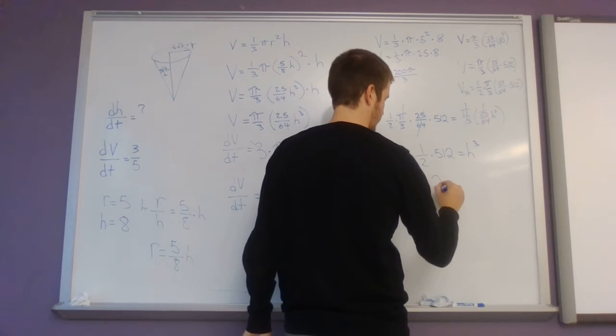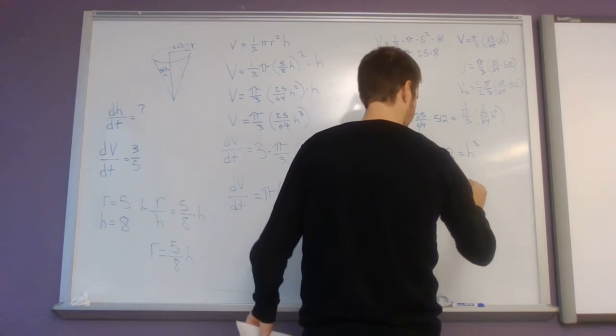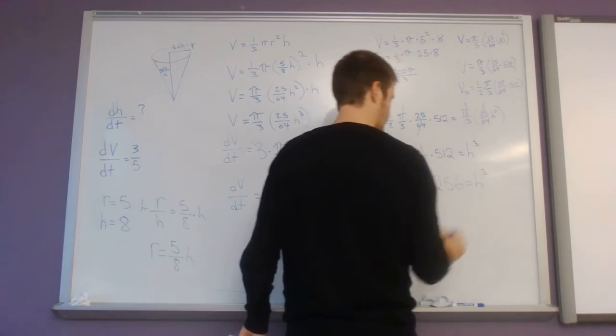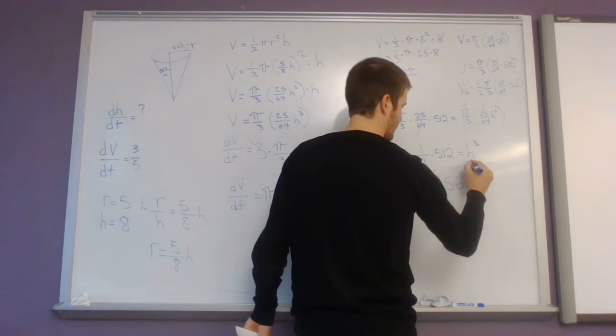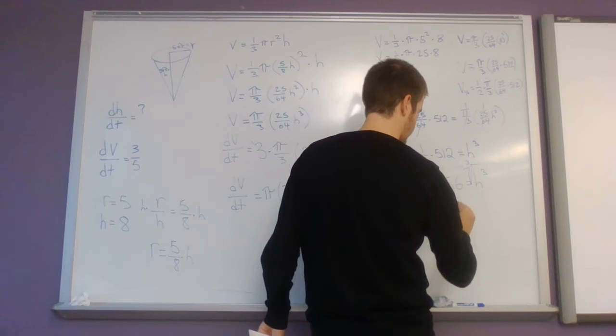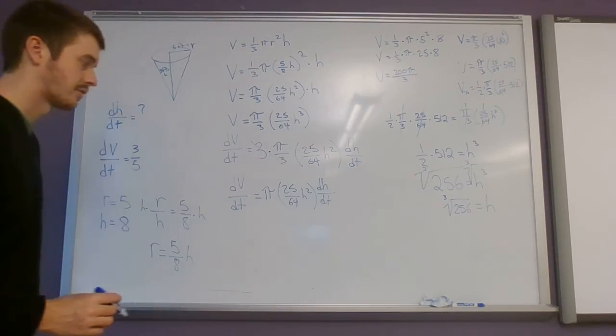So what is that? 256 equals h cubed. And we're going to take the cube root of both sides. So I get the cube root of 256 equals h.